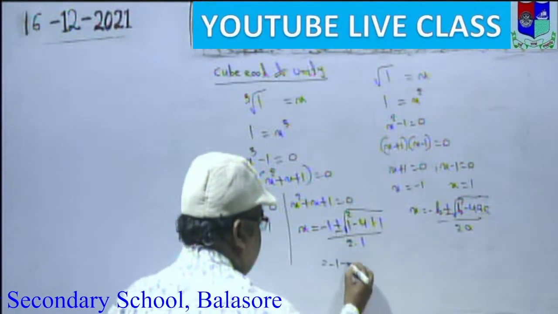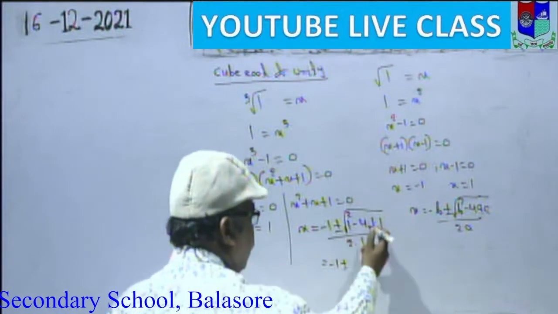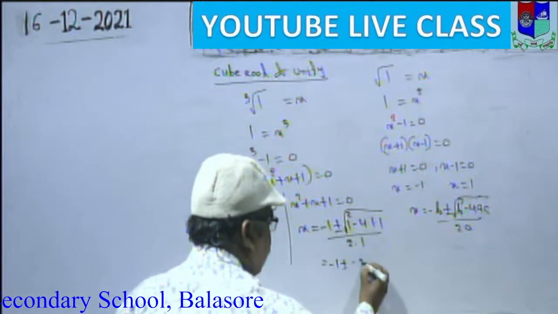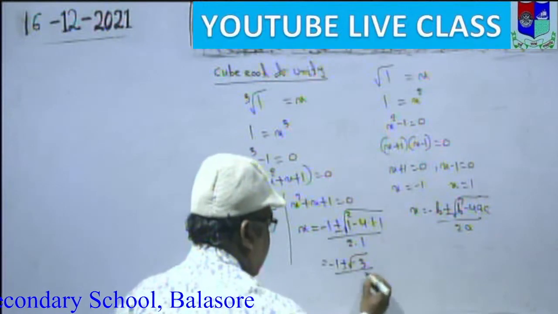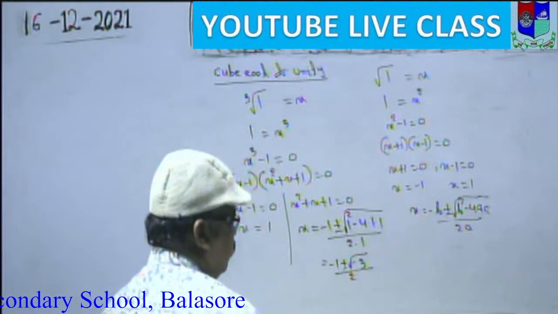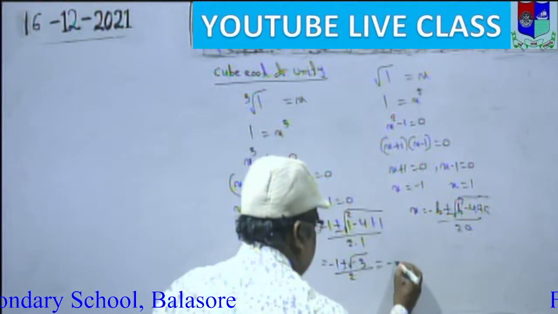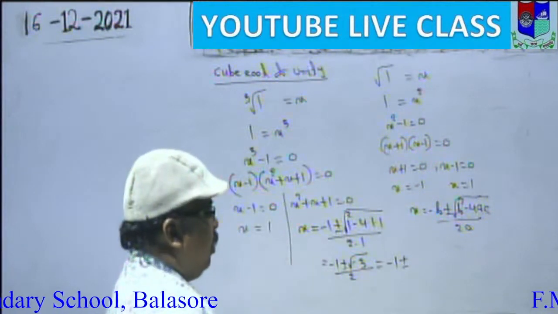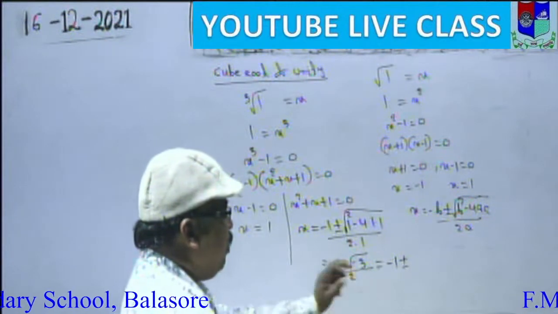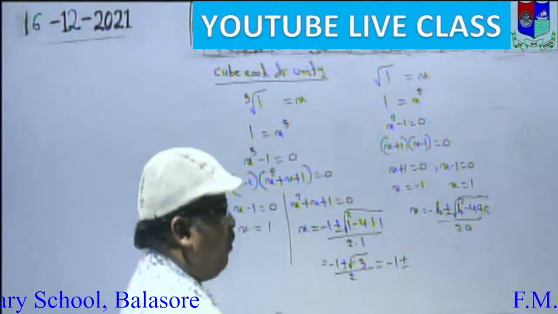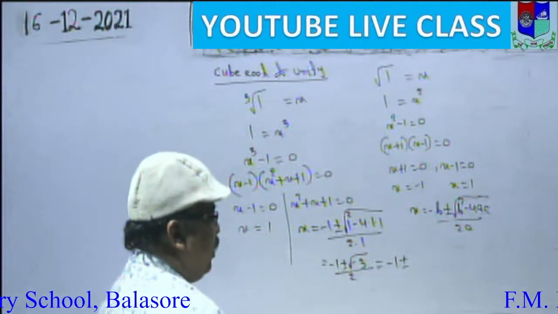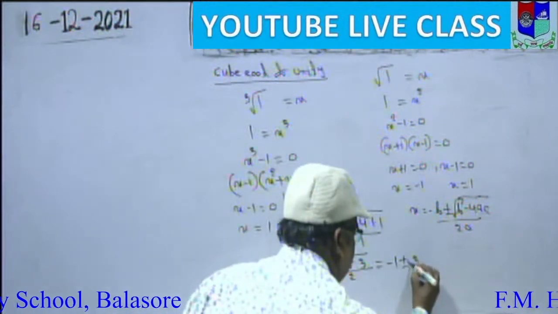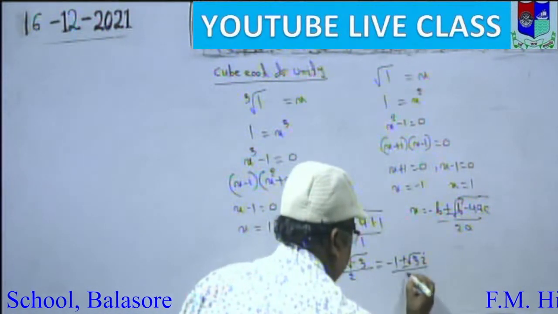So this is minus 1 plus or minus square root of 1 minus 4, that is minus 3, divided by 2. So we find this as minus 1 plus or minus. We know square root of a negative number is an imaginary number. So we write it as root 3 i by 2.